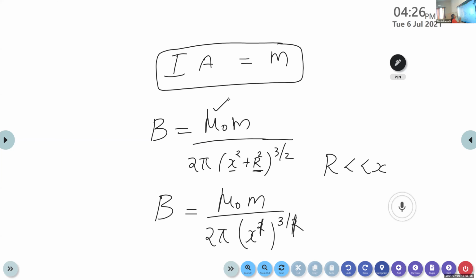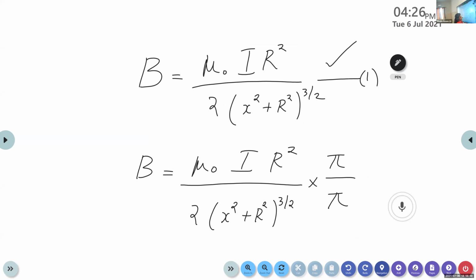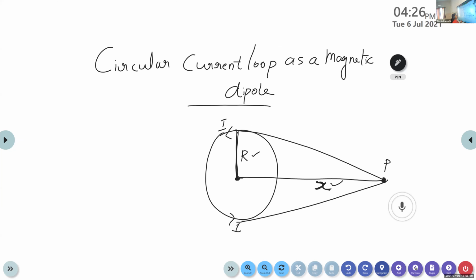Here μ0 is the permeability of free space. m is the magnetic dipole moment. And x represents the distance between the point P inside the magnetic field and the center of the circular loop. And this capital R represents the radius of the circular loop. When we compare R and x, it is very clear that the radius R is very, very small compared to the distance x.